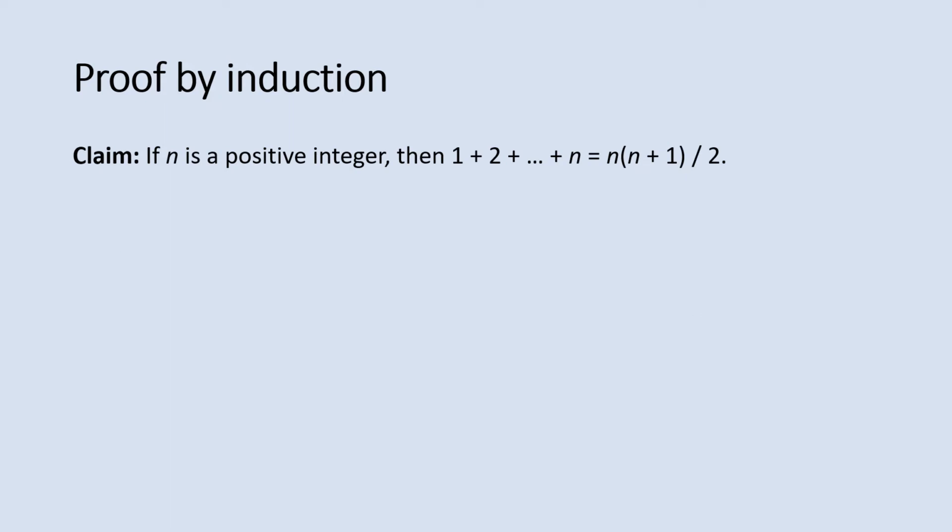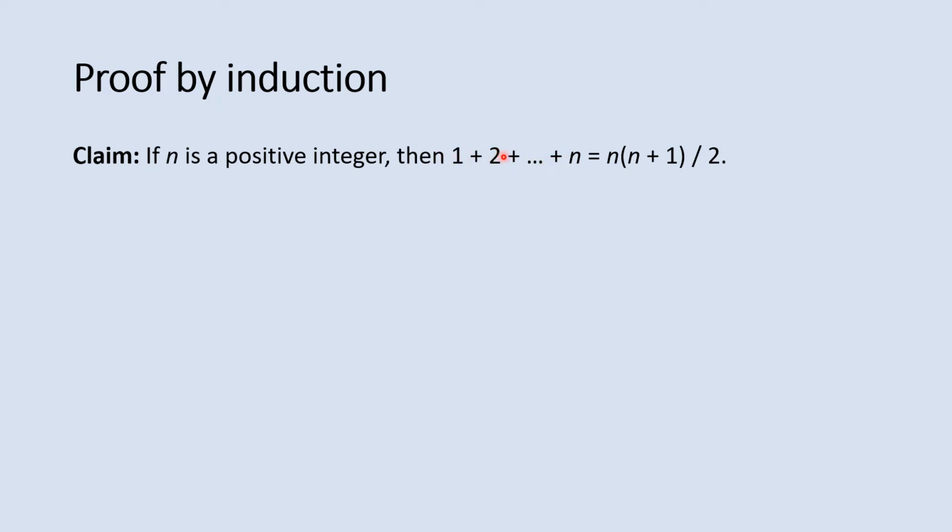And so a claim that we've seen is that if you add up all the positive integers from 1 up to a particular place, we write this as 1 plus 2 plus the dots up to n. There's a little bit of technicality there: you don't list anything bigger than the number you care about.